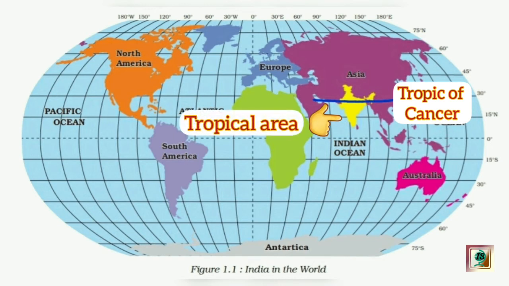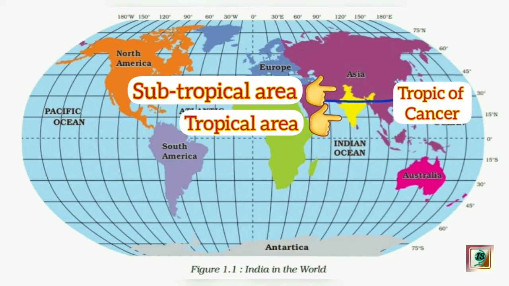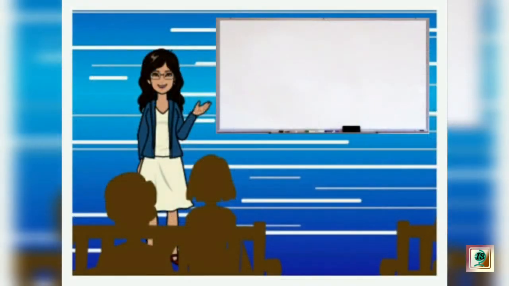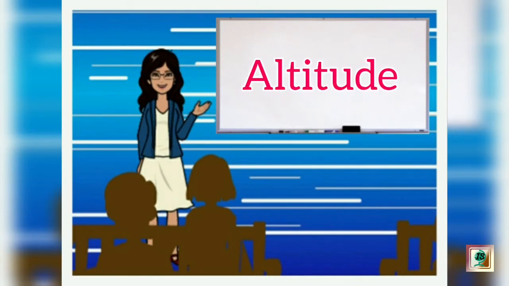All the remaining area north of the tropic lies in the subtropics. Therefore, India's climate has characteristics of tropical as well as subtropical climates. Clear? Next one is altitude.